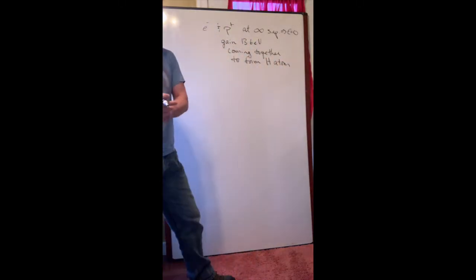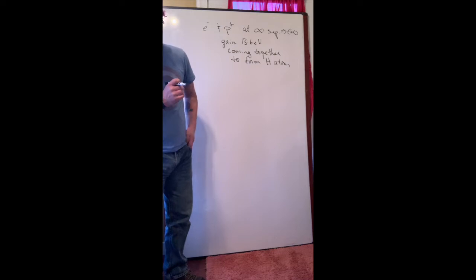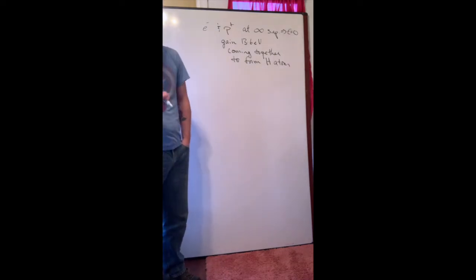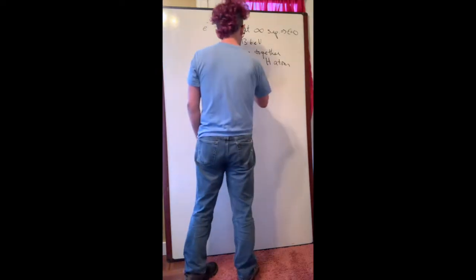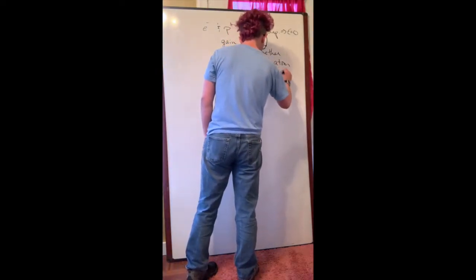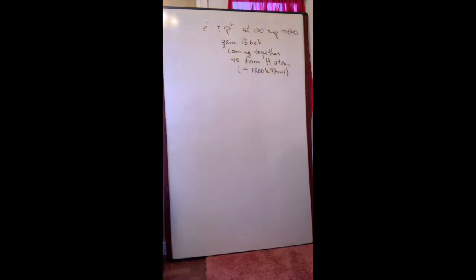That's why we have hydrogen and other atoms, because it's energetically favorable for the system to come together and combine. So in chemical terms, that would be the right units. It would be 1,300 kilojoules per mole, if that's a better unit for you.